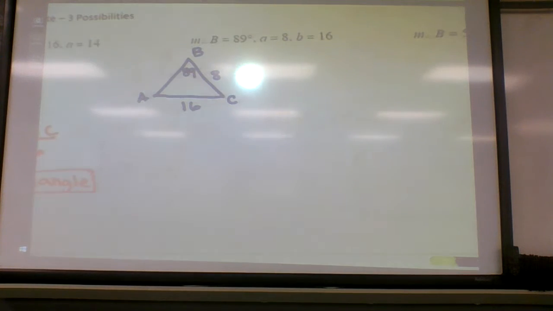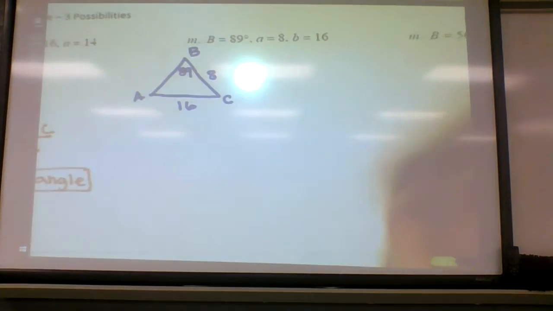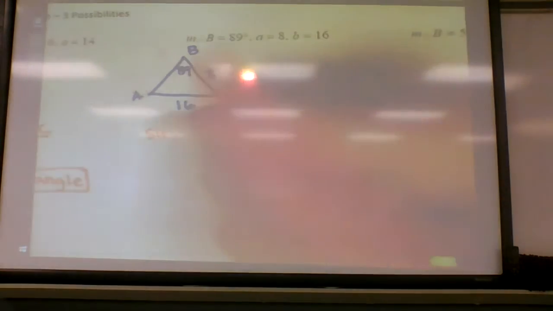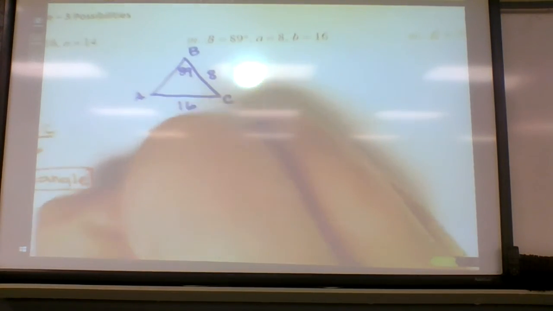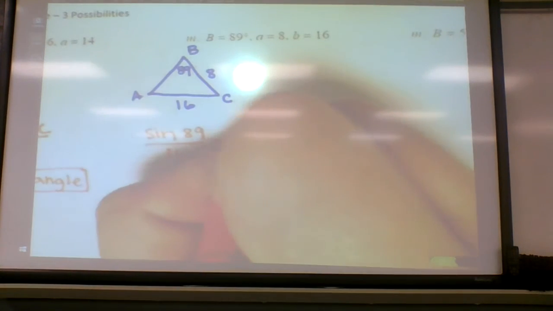Just one option here. So we're going to go ahead and solve, and we know there's just one possibility. So angle A first, right? So sine of 89 over 16 would equal sine of angle A over 8.